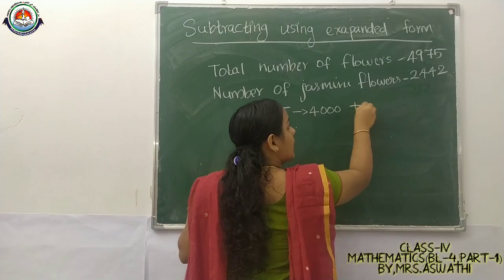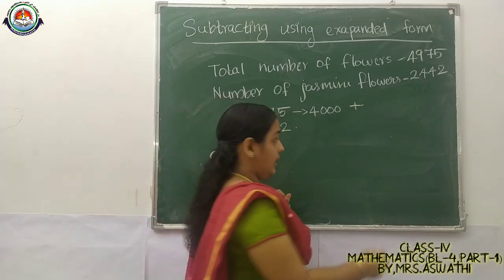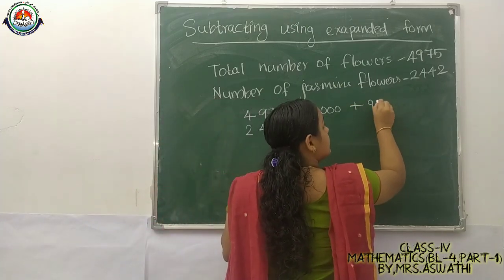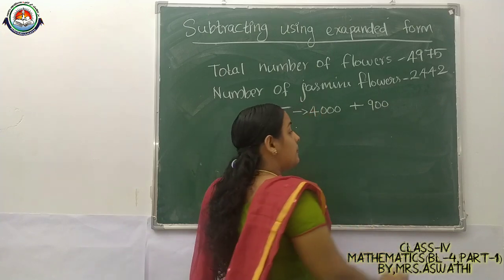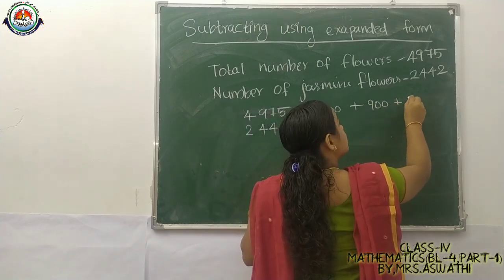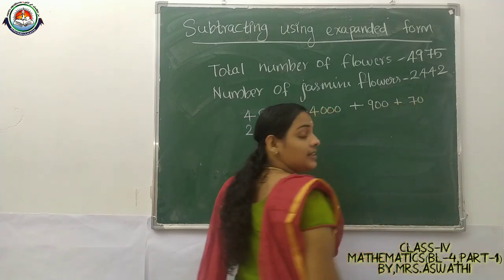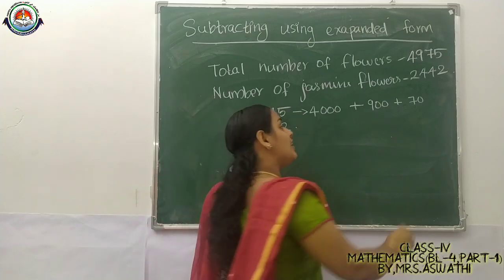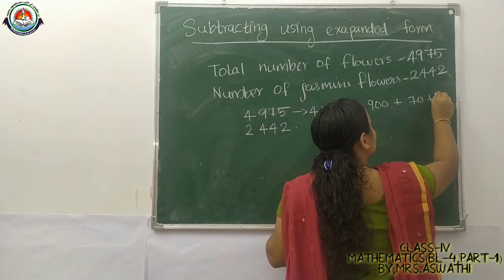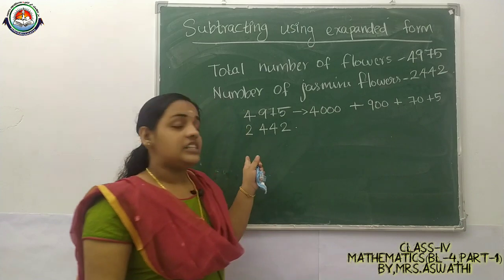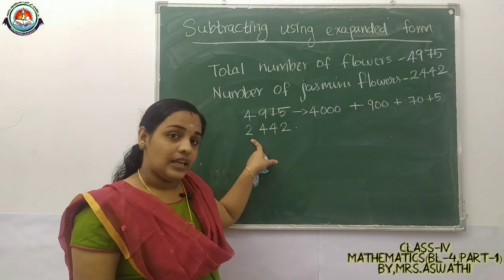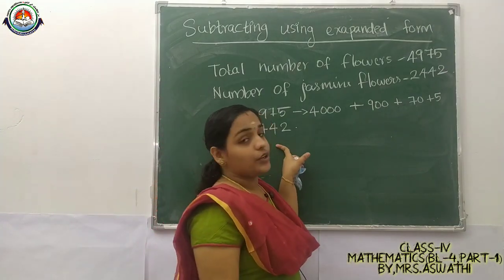4,000 plus 900 plus 70 plus 5. The next number is 2,442.